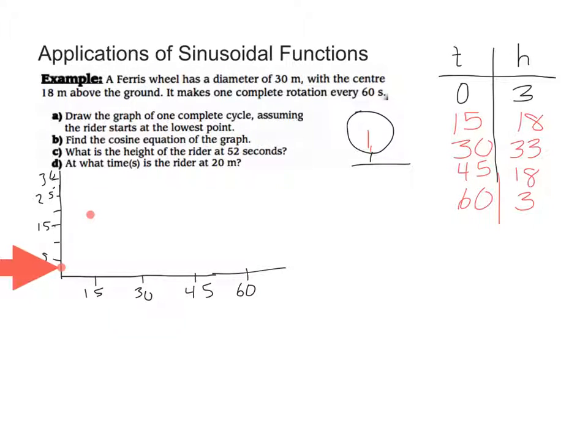And then at 30 and 33. 45 and back down to 18, 60, and 3. So the points are approximately there. I'm just going to move that one over a bit. It's not quite in the right spot. And you can see the shape that this is making. So I'm going to join those together and then I'll have plotted that full cycle.